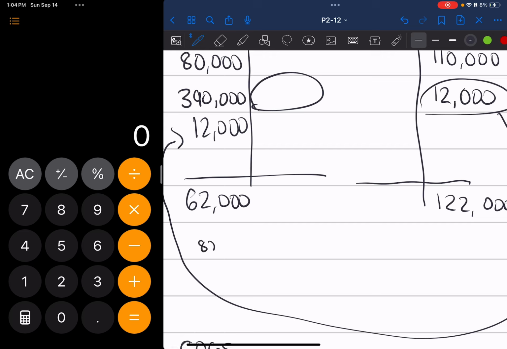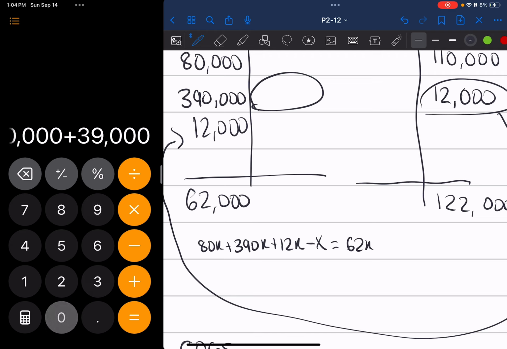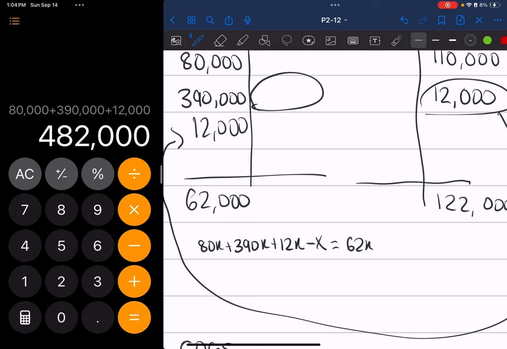So basically it's 80,000 plus the 390,000 plus 12,000 minus X, because this is going to be a credit, equals the 62,000. So then you do 80,000 plus 390,000 plus 12,000. That gives you 482,000 in debits.